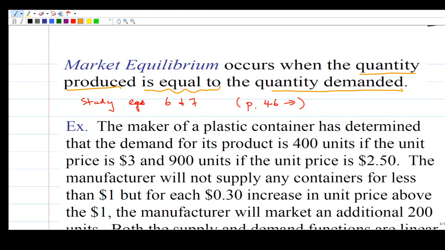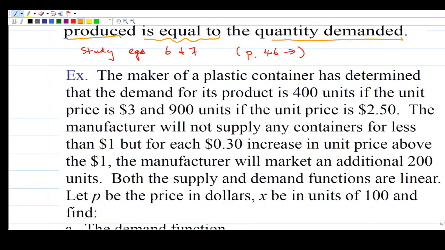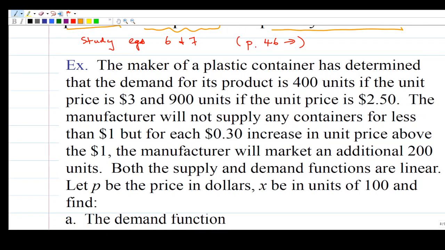You must study examples 6 and 7. It's on page 46 onwards of the text. For the example that we're going to discuss, my advice to you would be to stop the video, try the example, and then you can continue.